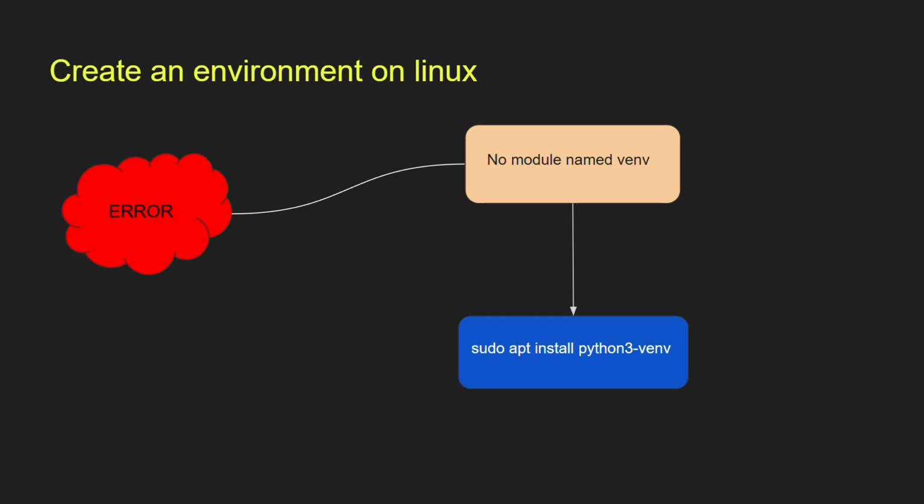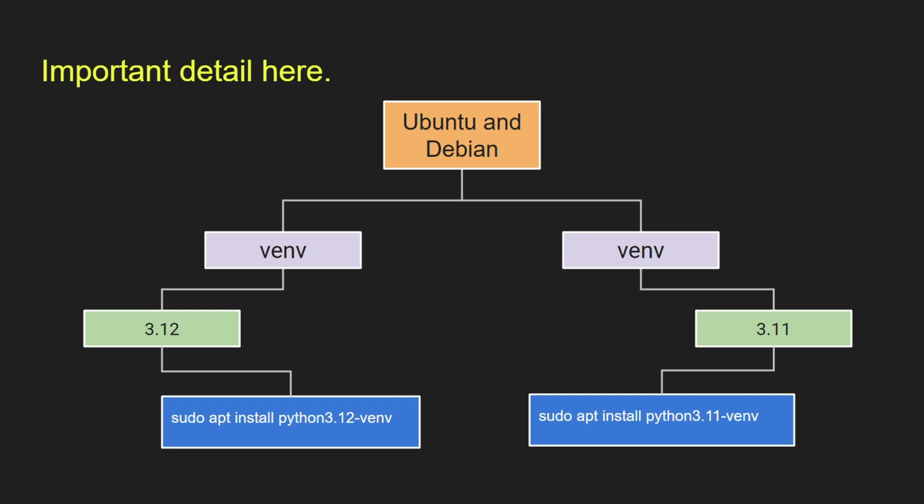Now, here's one more small but important detail. On Ubuntu and Debian systems, venv is often tied to the specific Python version installed. So if you have multiple versions on your system, you need to make sure you're installing venv for the correct one. For example, if you are using the default Python 3, you can run sudo apt install python3-venv.